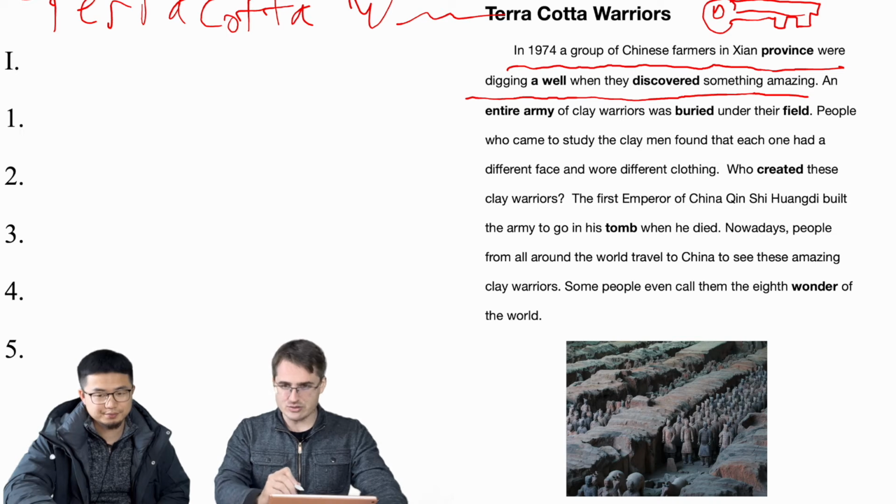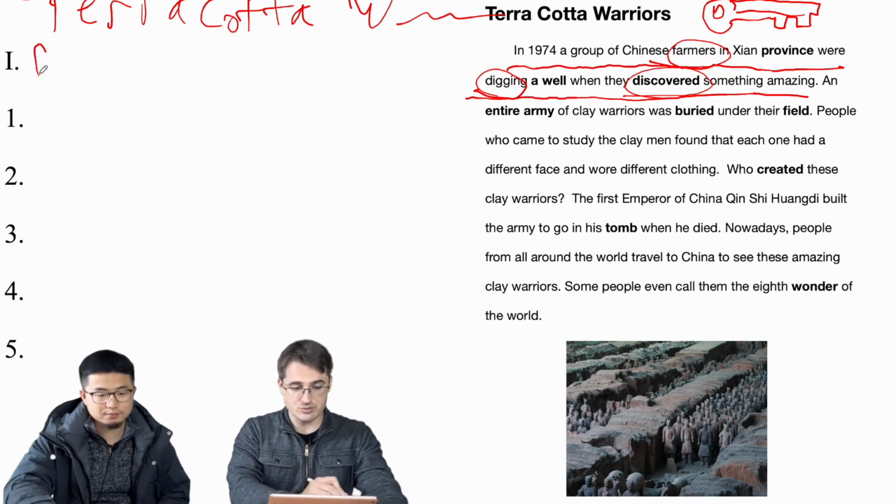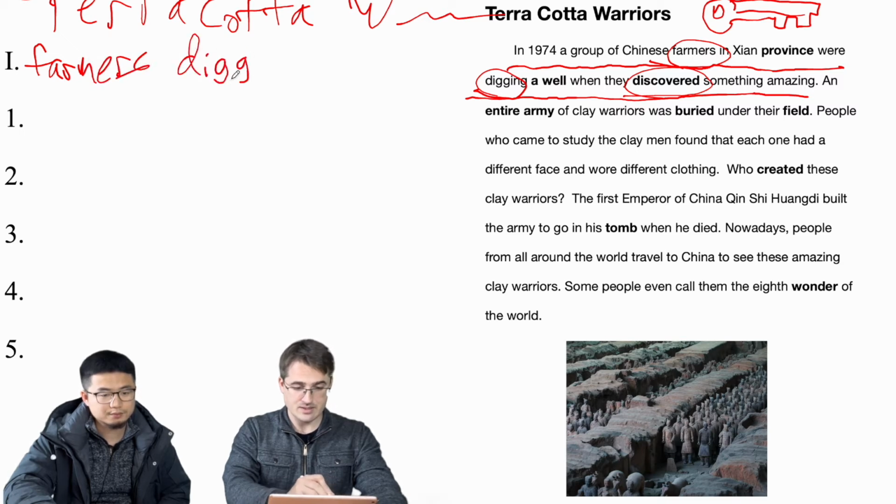Okay, so let's choose 3. I'm going to choose farmers and digging and discovered. I want these 3 words. So I'm going to write them next to my I, my topic sentence. Farmers, digging, and discovered.